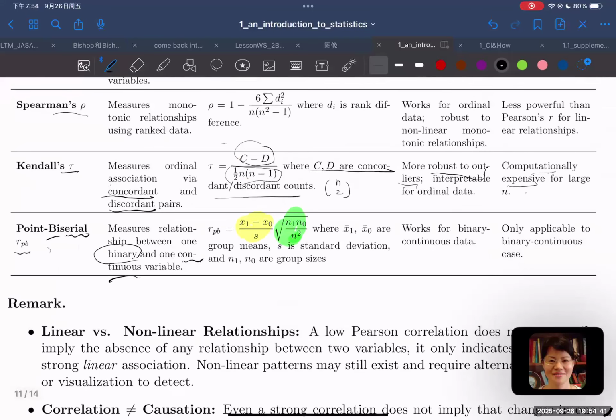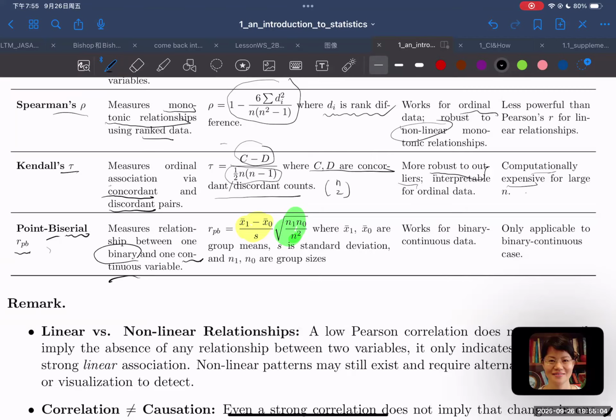Next one, Spearman's rho. This one measures the monotonic relationship using ranked data. Here comes a formula, where d_i is the rank difference. This one works for ordinal data and is robust to nonlinear monotonic relationships.